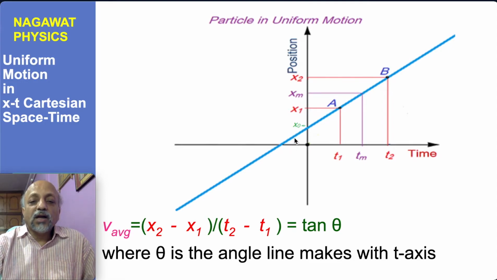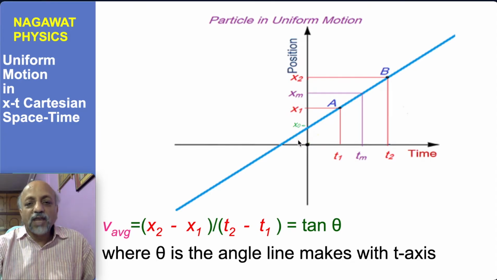If you learn about lines in 2-dimensional Cartesian space, you find that the slope of a line is defined, and this is equal to the slope of the line, which can also be described in terms of tan theta. Theta is the angle which the line makes with the time axis. In general, for an xy line, it is with the x-axis; here it is with the time axis, because on the x-axis I have chosen time.